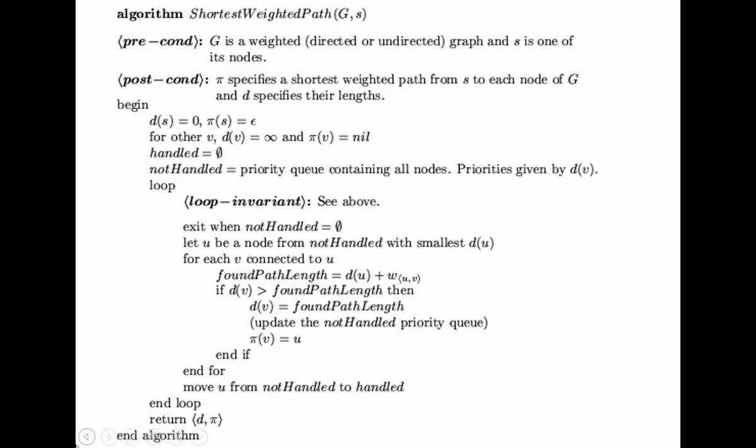So then we ask, is the new path shorter than our previous path, right? Remember, dv is the length of our previous shorter path to v, and this found path length is the new path to v, and we say, is it shorter? And if it's shorter, we update.